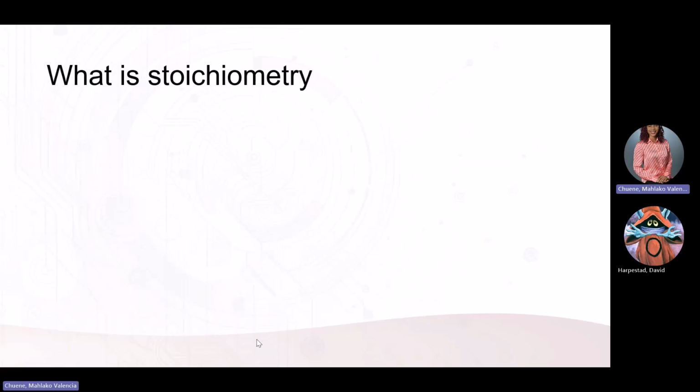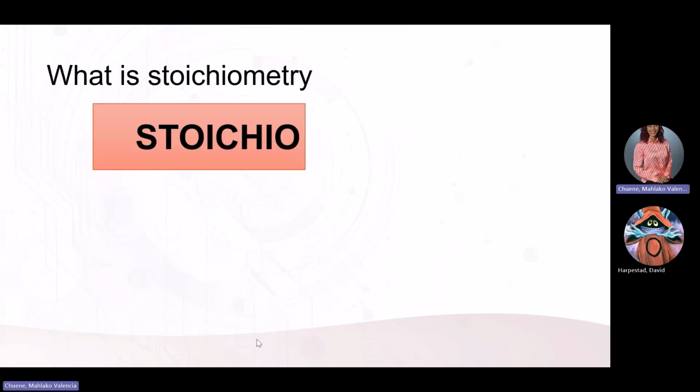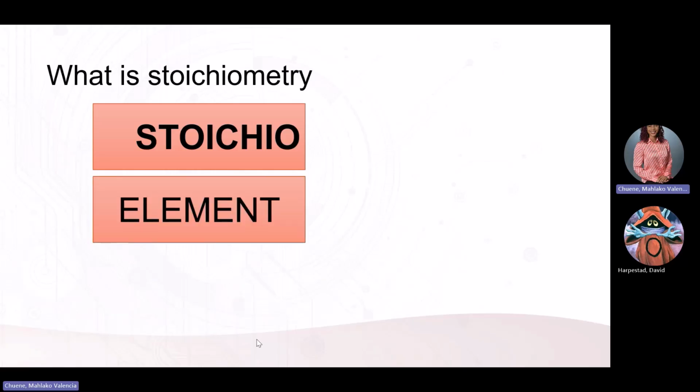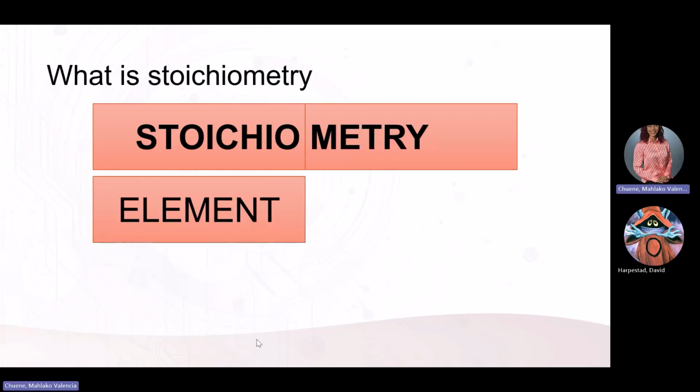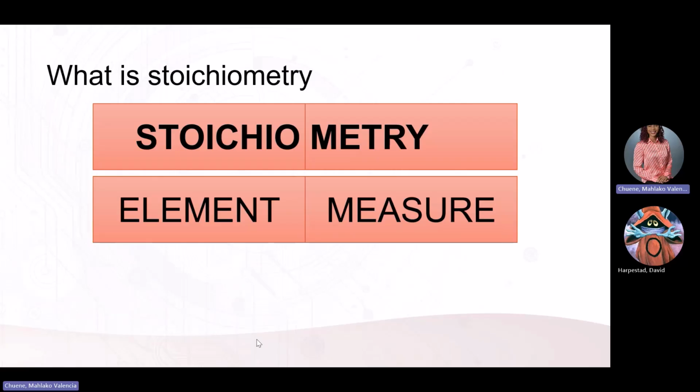Now, stoichiometry, what is it? It is a term which can be divided into two: stoichio, which means element, and metry, which means measure. All right, so these two terms have been combined to give us stoichiometry, which is just a measurement of elements.